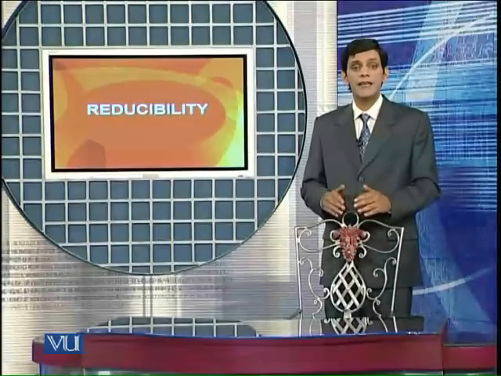Remember that we have a theorem which says that if a language and its complement both are Turing recognizable, then the problem must be decidable. Therefore, if a language is undecidable but it is Turing recognizable, then its complement cannot be Turing recognizable. It's Turing unrecognizable.